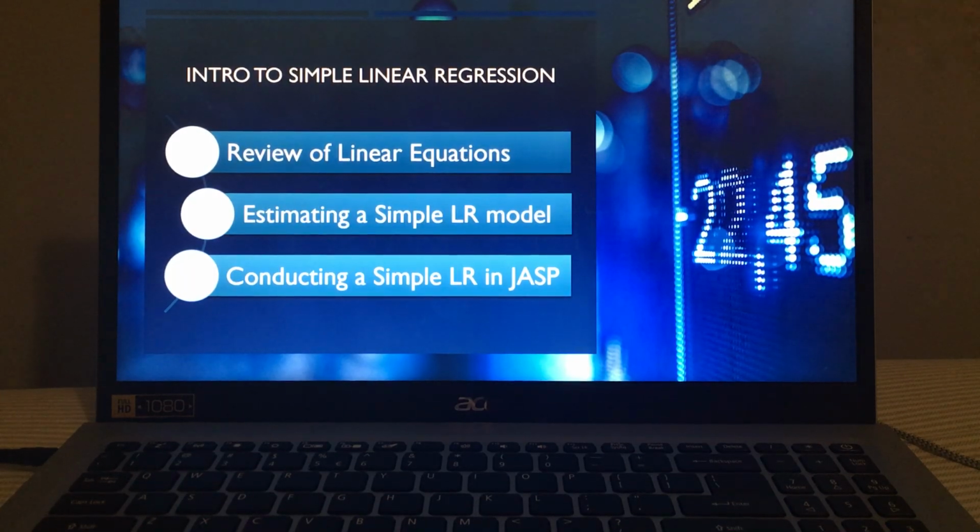Notice that in this formula we've written x subscript i and y subscript i, rather than just plain old x and plain old y. This is because we want to remember that we're dealing with actual data in our data sets. In this equation, x subscript i is the value of the predictor variable for the ith observation.